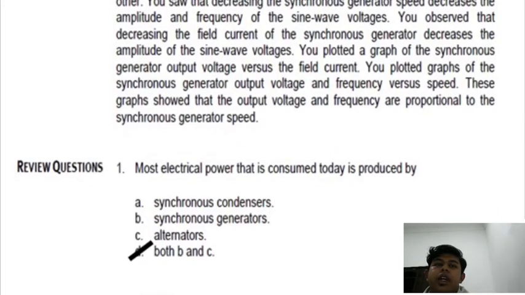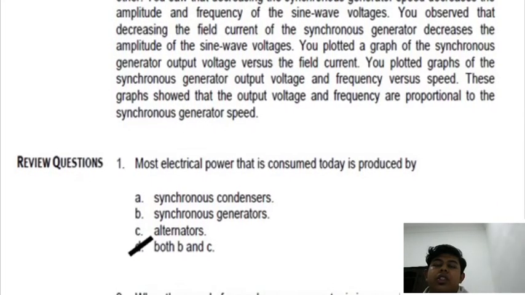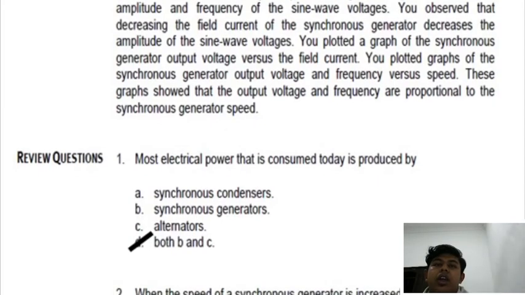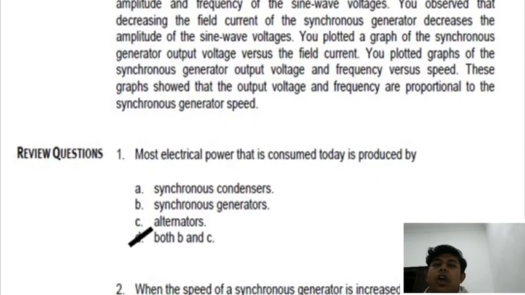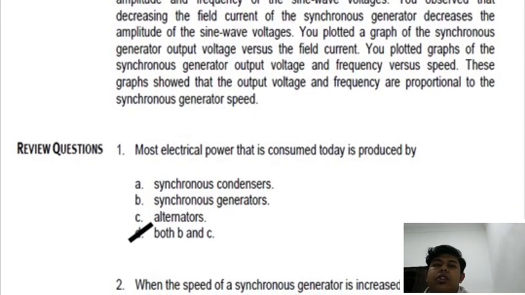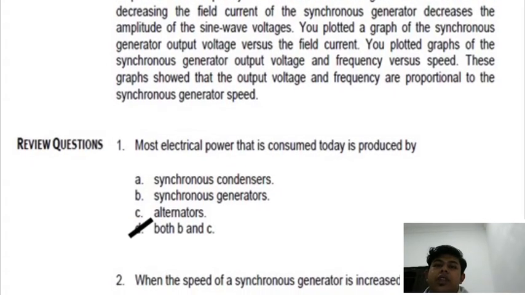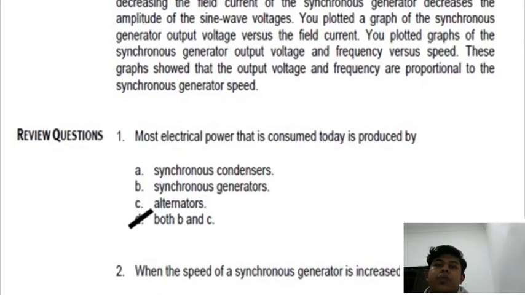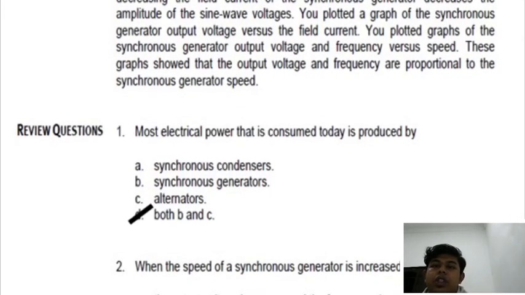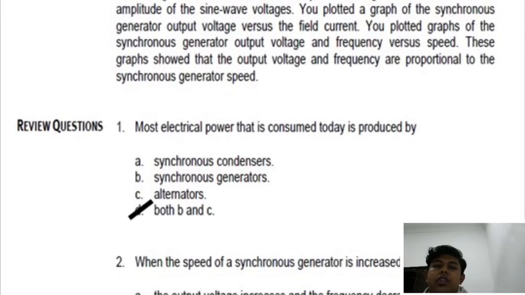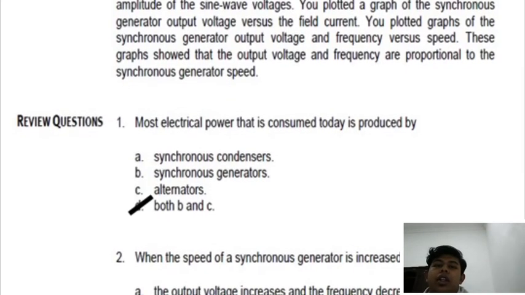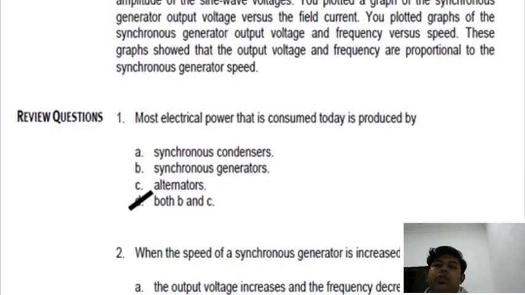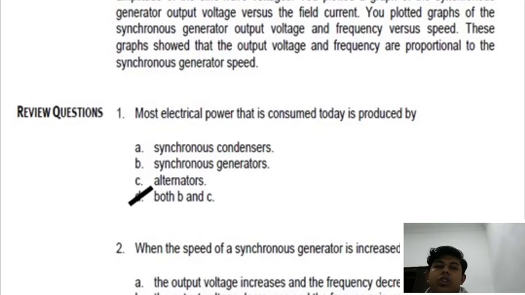You observed that decreasing the field current of the synchronous generator decreases the amplitude of the sine wave voltage. You plotted the graph of the synchronous generator output voltage versus the field current. You plotted the graph of the synchronous generator output voltage and frequency versus speed. This graph showed that the output voltage and frequency are proportional to synchronous generator speed.